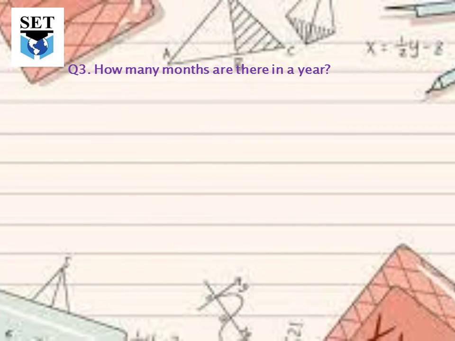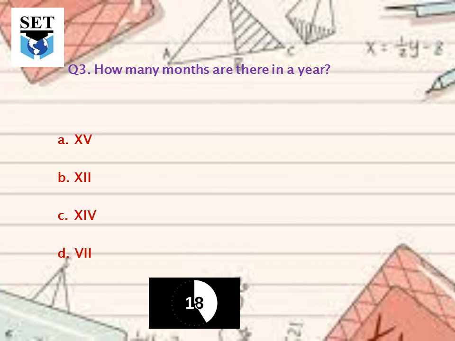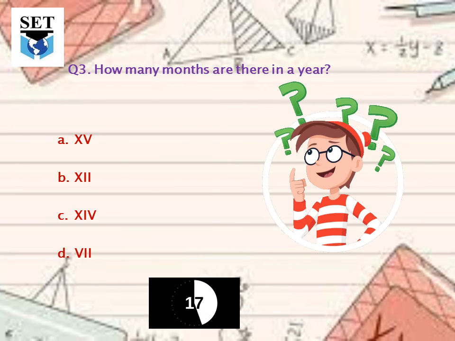Okay, question 3 is, how many months are there in a year? The first option is XV, second option is XII, third option is XIV, fourth option is VII. Your time starts now.